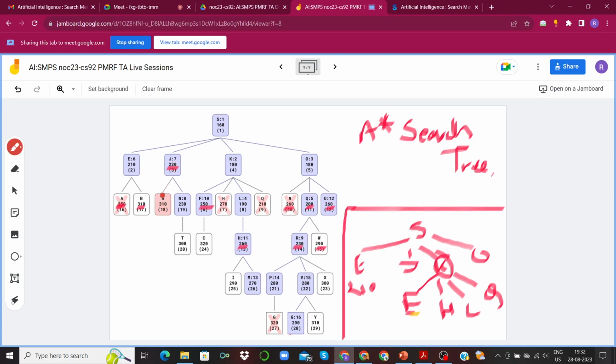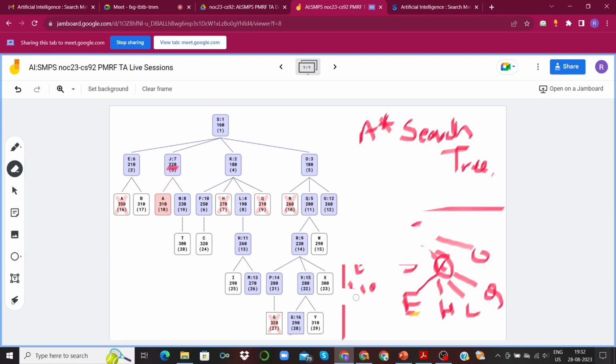Okay. So now we add the children of J as well, which is A with cost 310 and N with cost 380. And again, we see that this A with cost 310 is lesser than this A with cost 350. So again, we cross this out as well. Okay, so this A is also removed from further exploration.